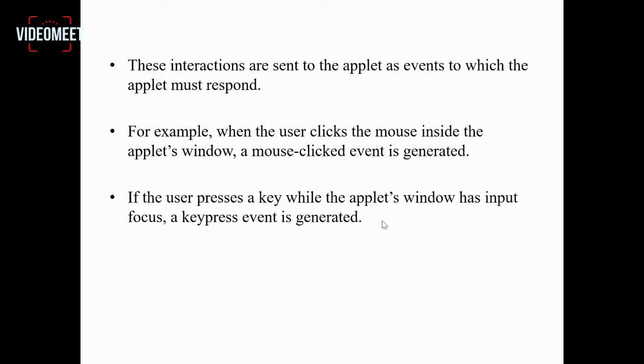And there will be some set of predefined methods available for each and every type of action performed by the user on the applet window, and automatically those methods get executed whenever the user performs that event, right? So we'll see that with an example program of handling mouse events and keyboard events.